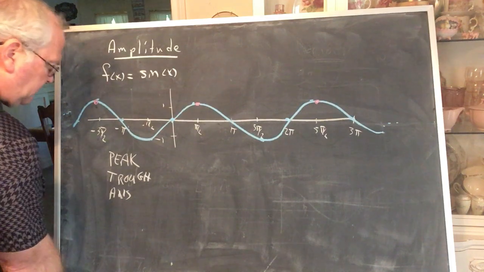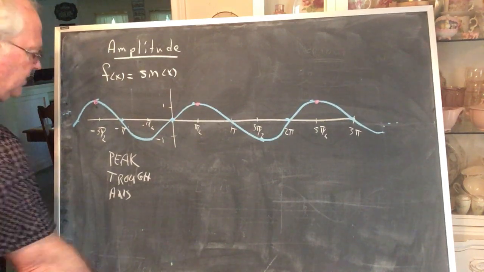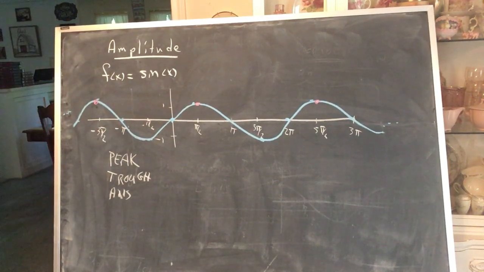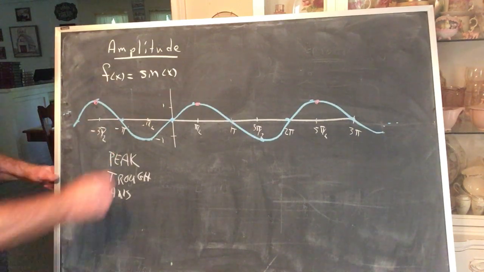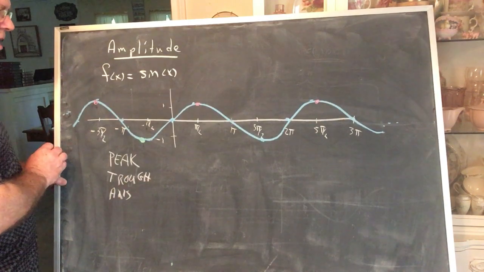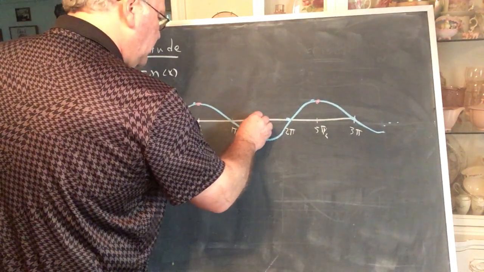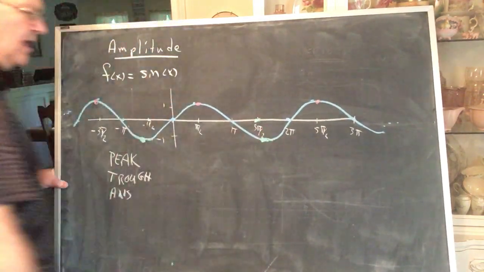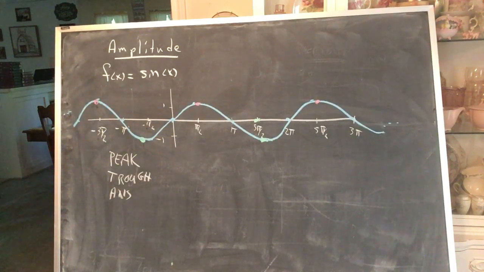All right? Then the trough represents the bottom point, the lowest point on the graph. In this case, that's at negative pi over 2 comma negative 1. The next low point would be here, right, occurring at 3 pi over 2.